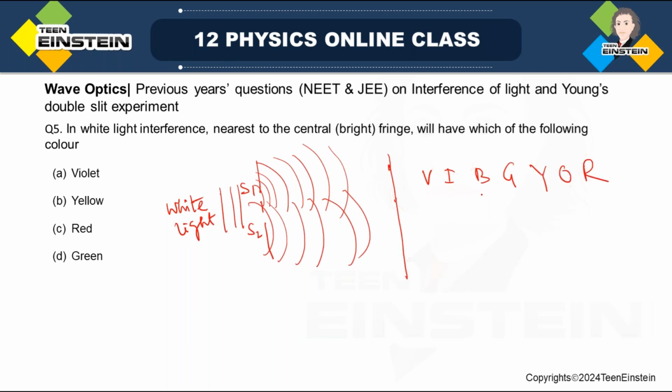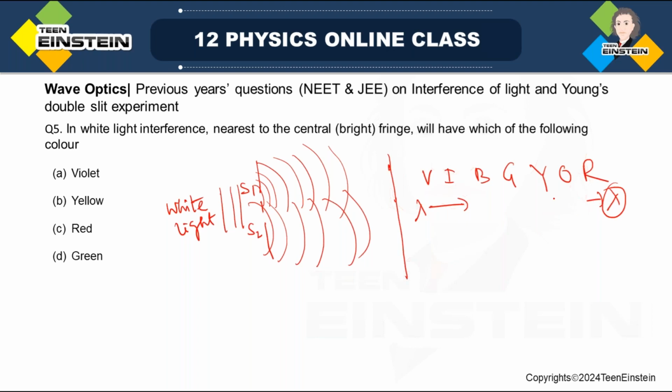So there are 7 colors. And you know the lambda increases in this way. So violet will have greater energy and less wavelength, and red will have the largest wavelength, like that, with the energy increasing this way.